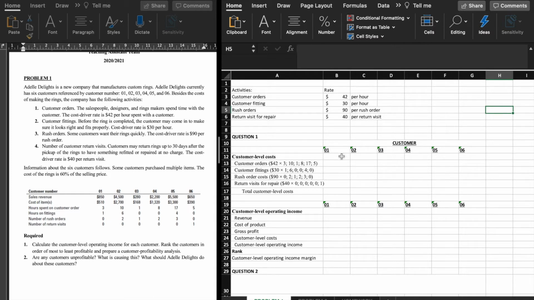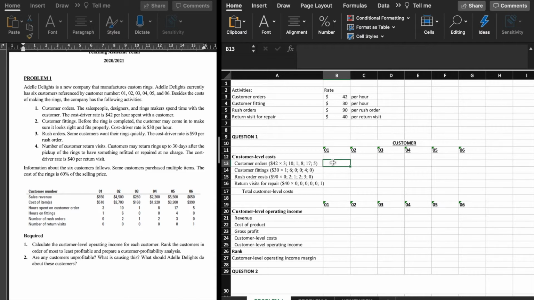We have to calculate the cost first based on the activities other than the cost of making the rings. To calculate this, we just need to multiply the rate with the hours spent or with the number.